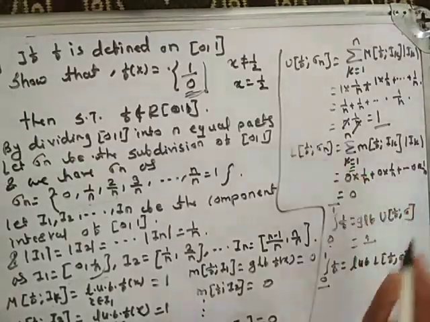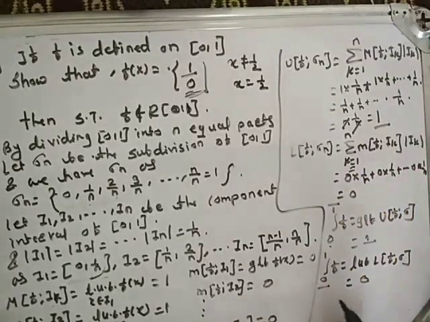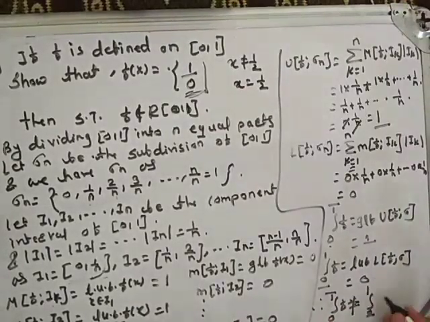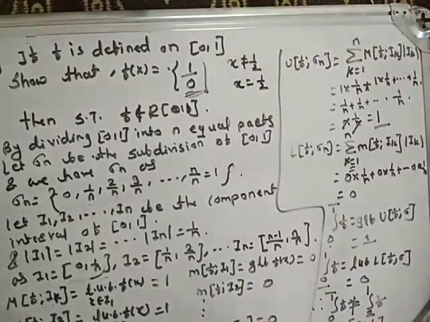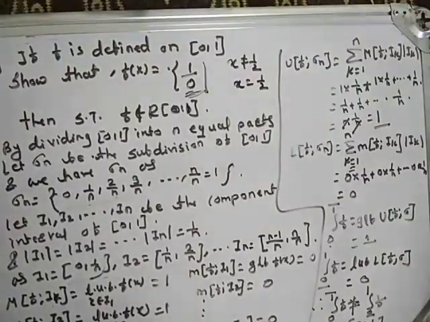L(f, sigma) is 0, so this lower integral is equal to 0. Therefore we get upper integral is not equal to lower integral of f. Therefore f is not Riemann integrable on closed interval [0, 1]. Okay.